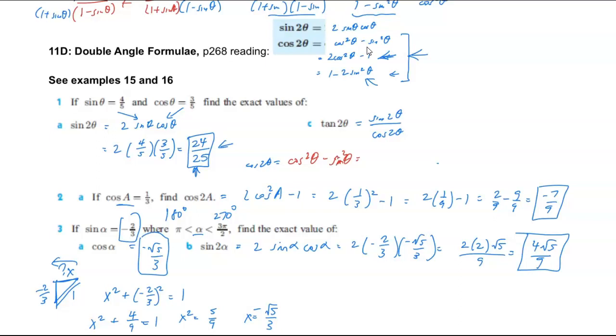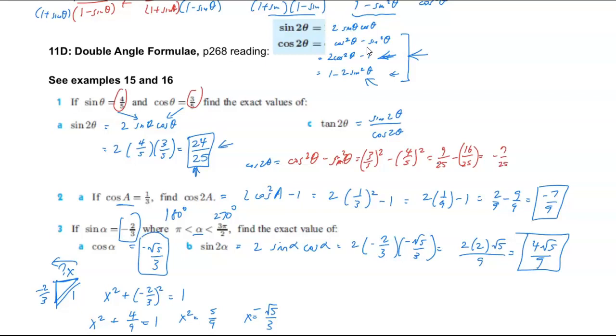So cosine squared theta would be 3/5 squared, and sine squared theta would be 4/5 squared. 3/5 squared would be 3 times 3 on top, 5 times 5 on the bottom. 4/5 squared would be 4 times 4 on top, 16, 25 on the bottom. So 9 25ths minus 16 25ths would be negative 7 25ths.